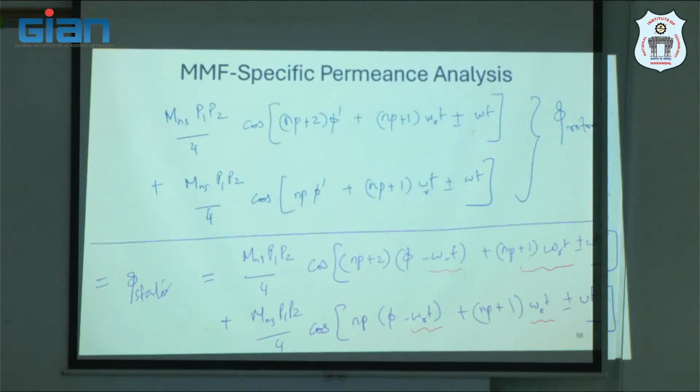Minus (NP plus 2) times omega t plus (NP plus 1) omega t. So what will that result in? Minus omega t. Right? Do you agree? So this entire term can be written like this: (NP plus 2) times (phi minus omega t).